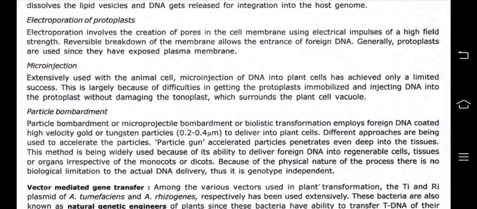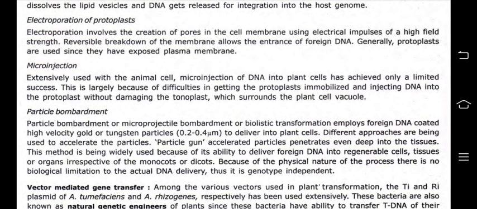Then particle bombardment, or microprojectile bombardment, or biolistic transformation, employs foreign DNA coated onto high velocity gold or tungsten particles to deliver into plant cells. Different approaches are being used to accelerate the particle.